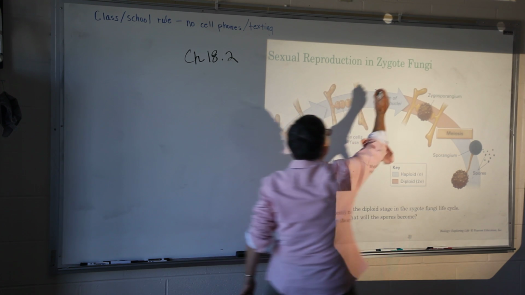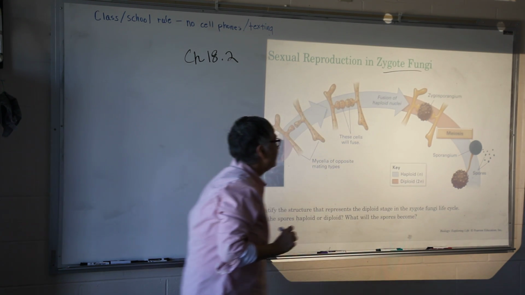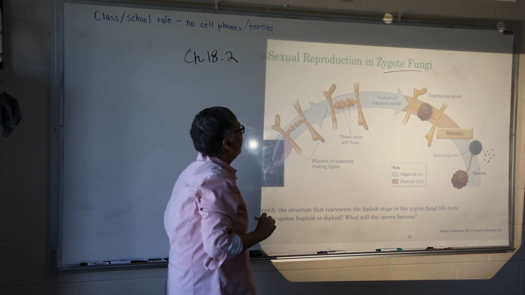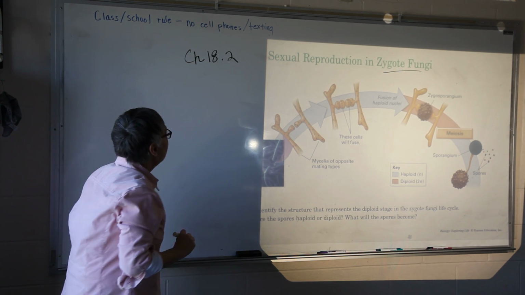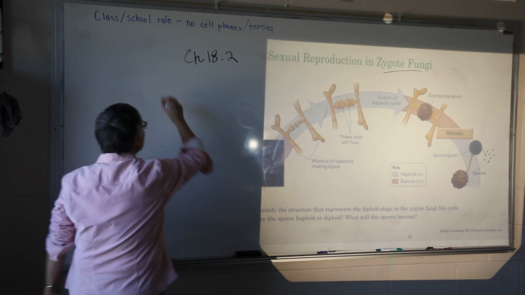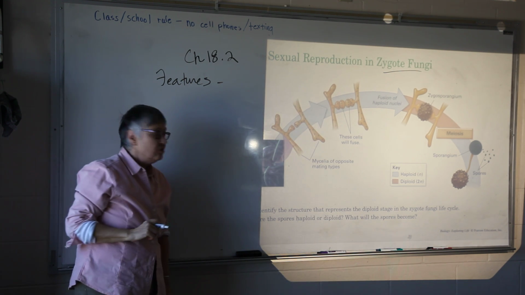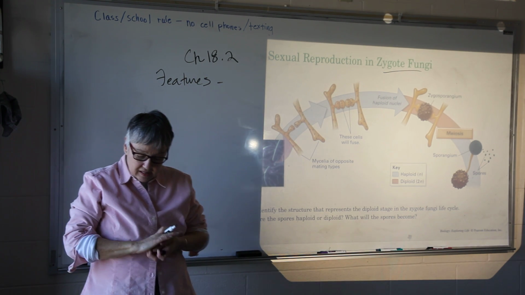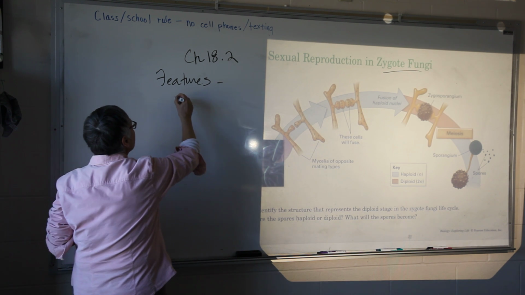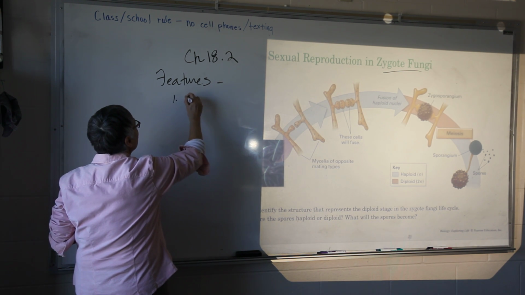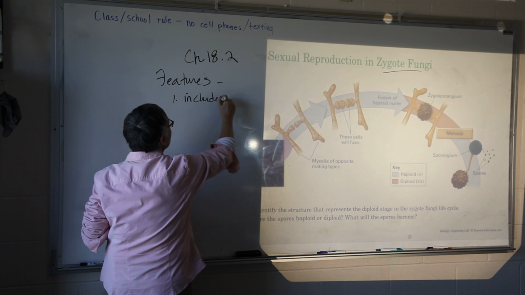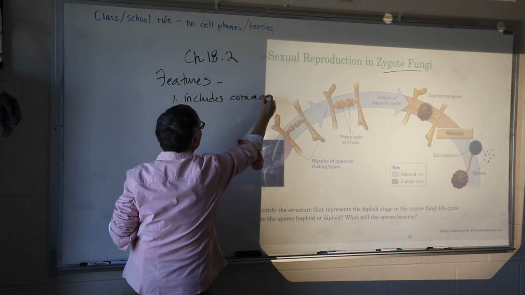All right, so these are, as I mentioned, the zygote fungi. Some characteristics or features here before we get into part of the life cycle. This is a group that includes the common bread mold.